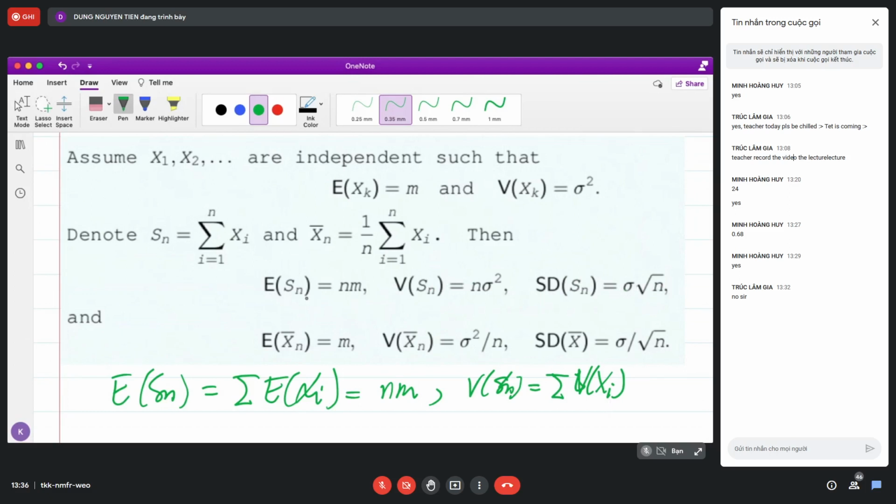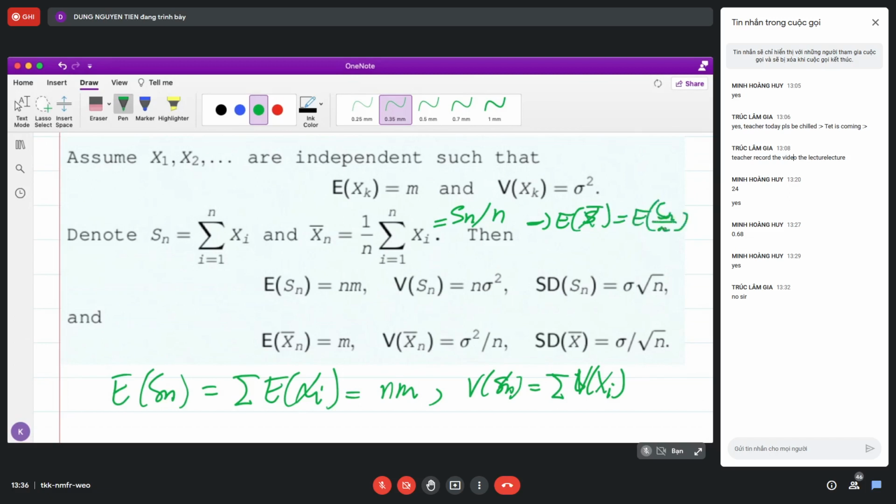If you apply these equations, then you can also get the mean, the variance, and the standard deviation of x bar. You only need to know that x bar is Sn over n. So the mean of x bar is the mean of Sn over n.